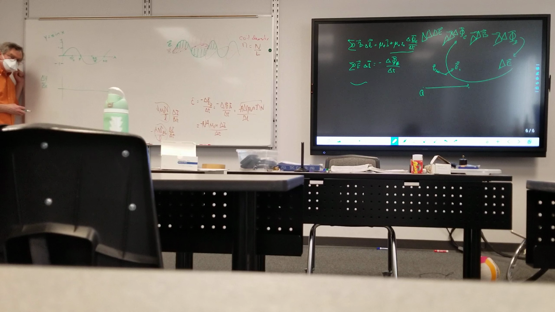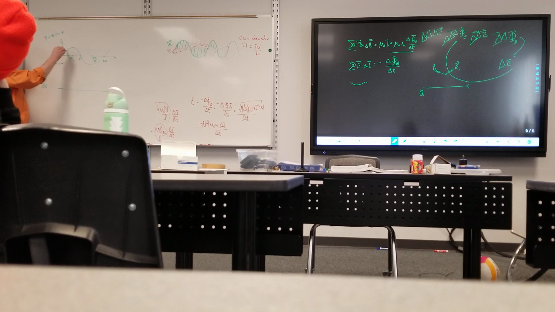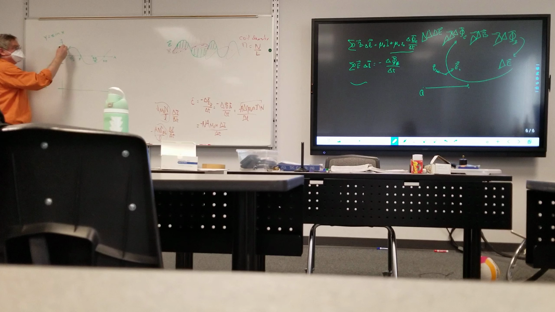You take 2 points, and then slope is y two minus y one over x two minus x one. Okay, yeah, change in y over change in x. So this is why, because I'm looking at how y changes with respect to x, this is what we're looking at right here. This is the slope formula. So to find the slope at that point, you draw a tangent line and find the slope of the tangent line. At this point, at the top, find the slope of that.